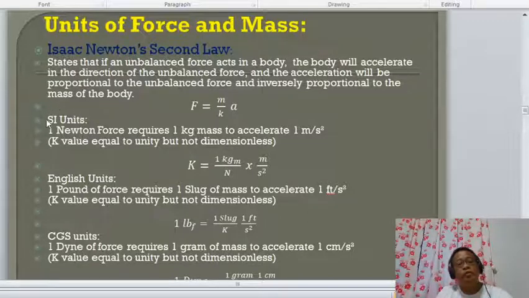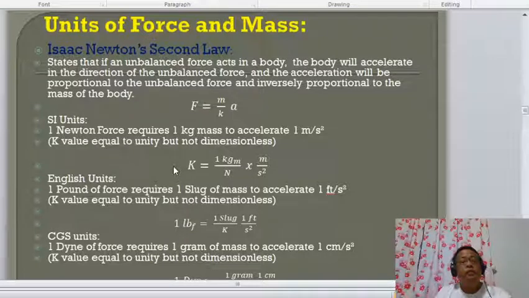One is a unity value and another is a non-unity. So we know already that if the value of k is unity, meaning the value is 1, there is no problem in the calculation. But if the value of k is non-unity, and you do not consider the value of that k in your calculation, there is a problem with the result of your calculation.